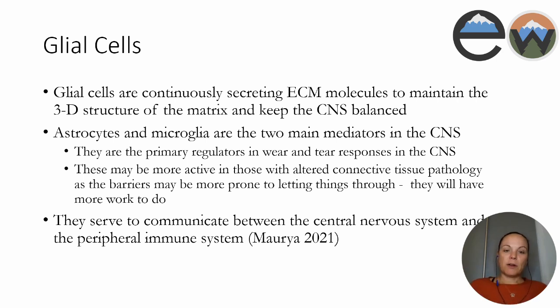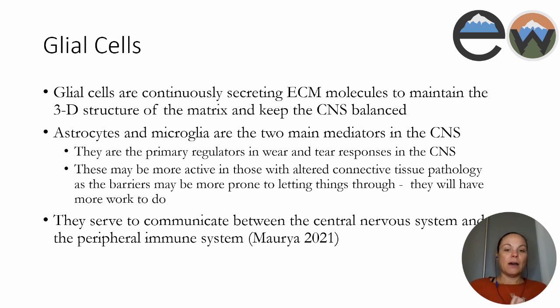Astrocytes and microglia are the two main mediators in the central nervous system, the brain and the spinal cord. They respond to wear and tear that happens in the central nervous system, and they might be more active in those with changes in connective tissues because the barriers are more prone to letting things in. So you're going to have more responses from the glial cells because they're going to have more work to do.